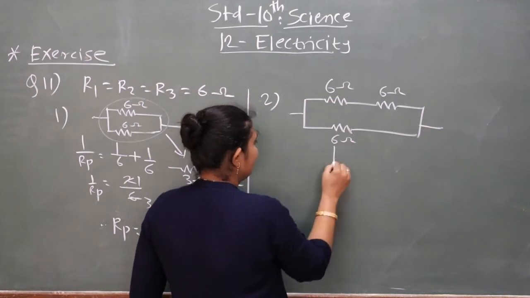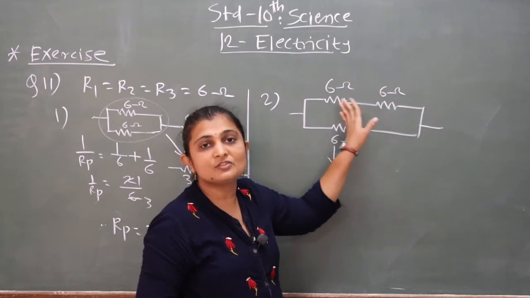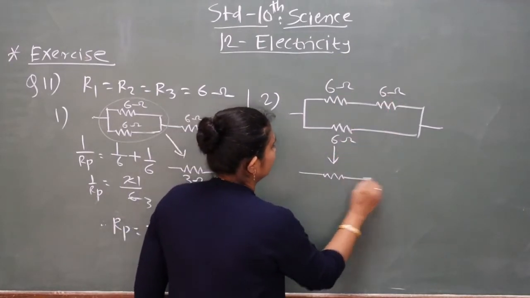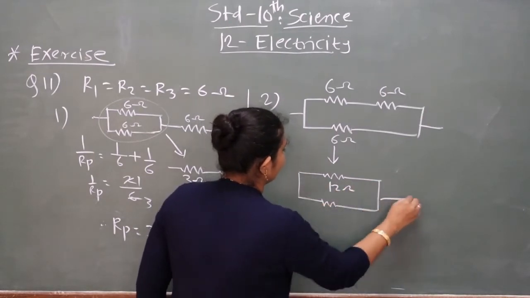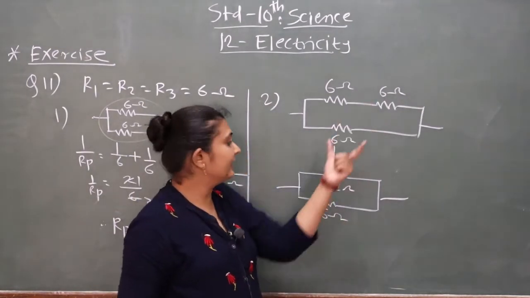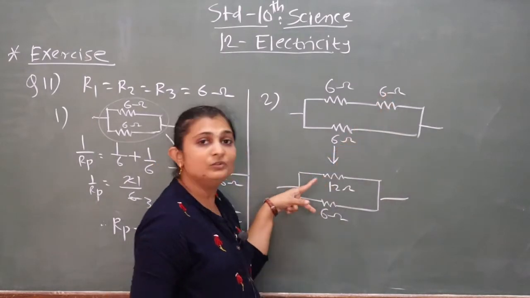Then what is the equivalent circuit? These are in series, so 6 ohm plus 6 ohm, you get the 12 ohm, because these are in the series connection.